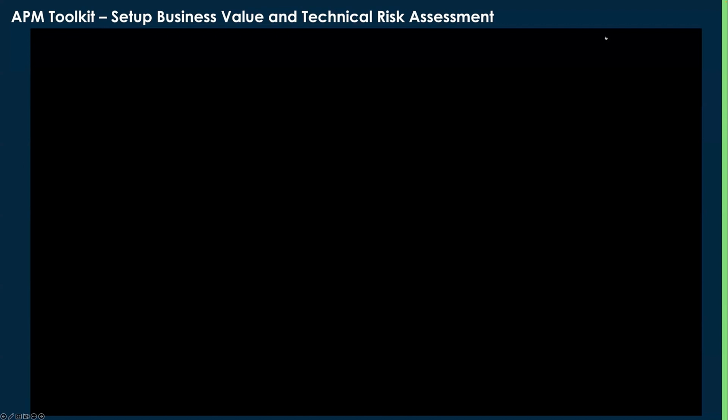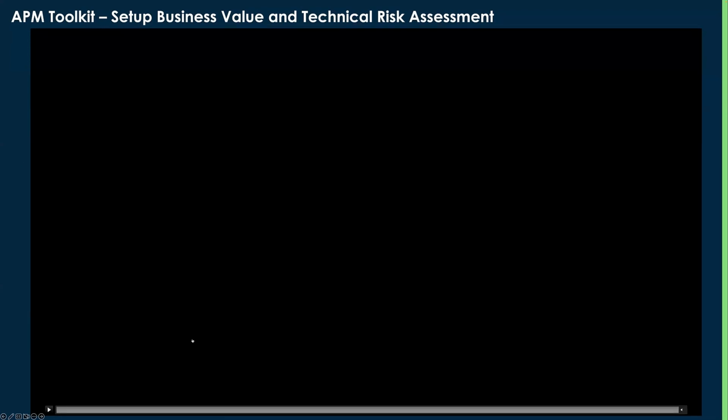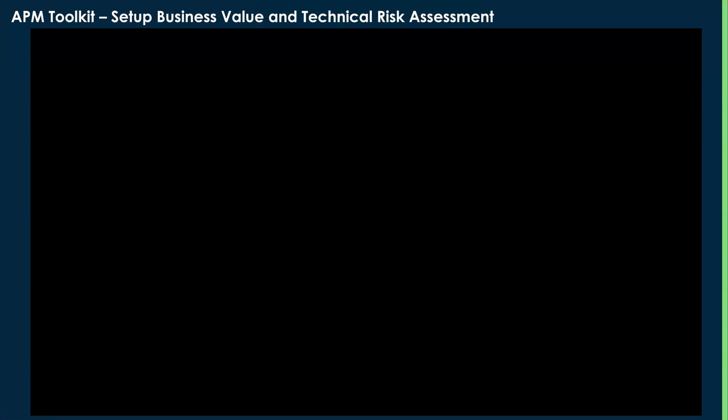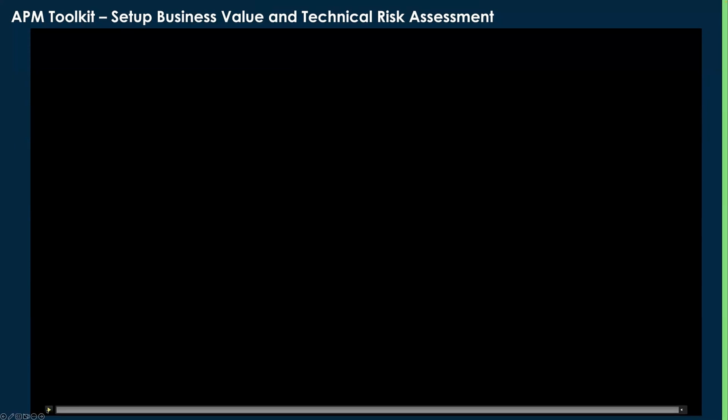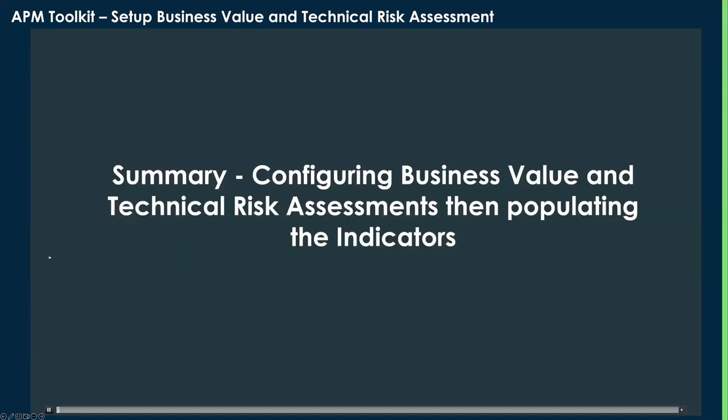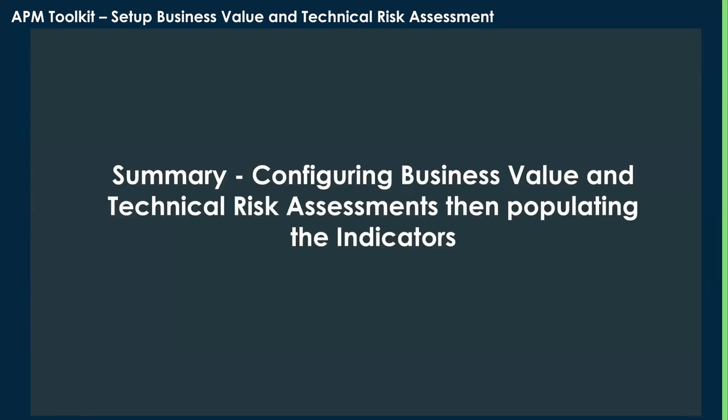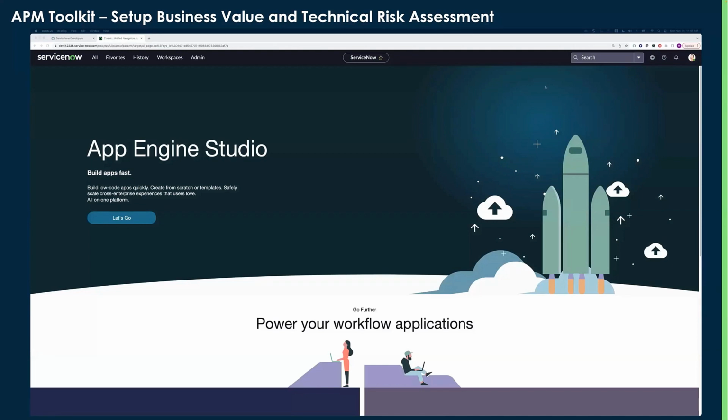So now what we want to do is look at how we set up the business value and technical risk assessments around it. This is a quick summary video. Again, starting off in our system, Tokyo system.